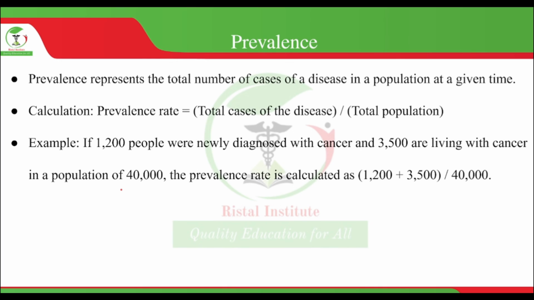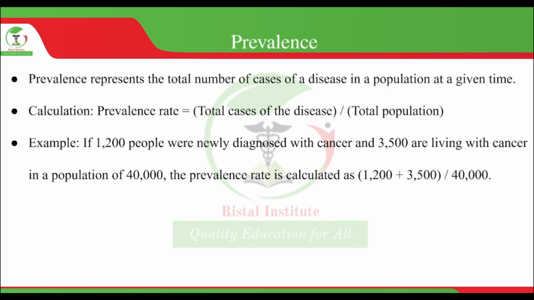So when we talk about prevalence, we are talking about the number of people that have that disease in a given population at a given time. So assuming you have a population of 1,200 people, and then out of those you have let us say 350 with a particular condition, let us say in this case cancer.